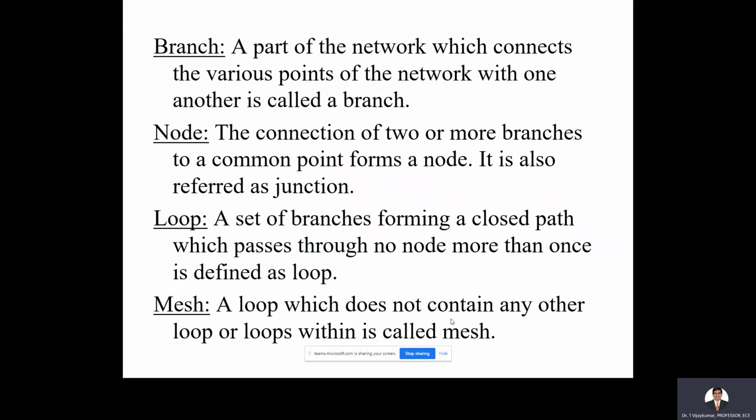It is called a loop. What is meant by a mesh? A mesh is a loop which does not contain any other loop or loops within. It is called a mesh.